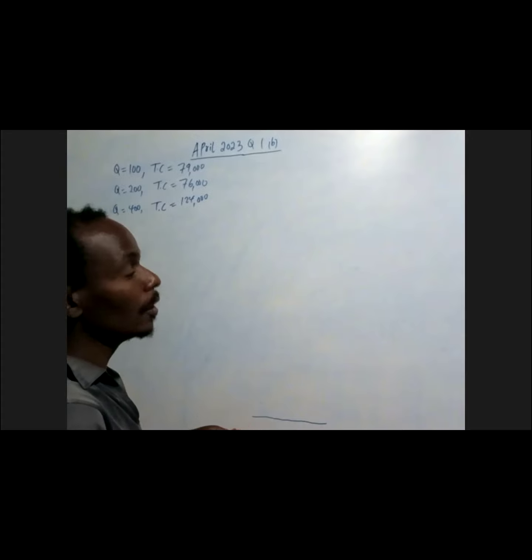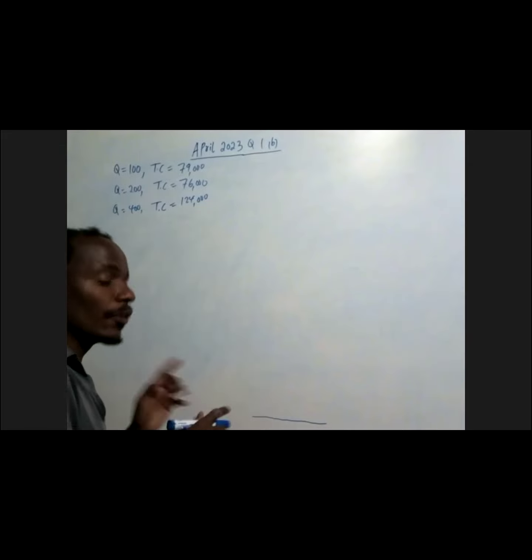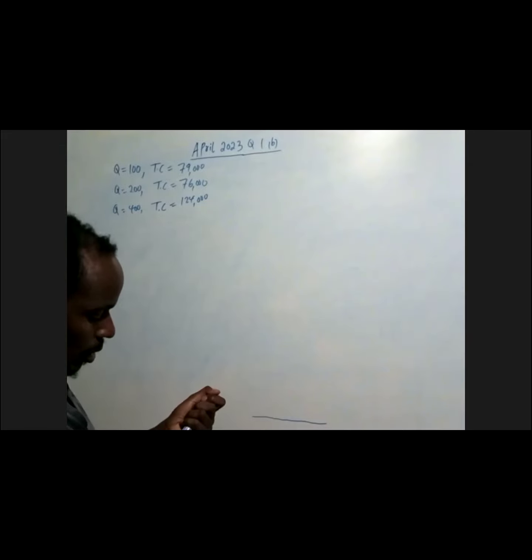Also, the way we had a general format for demand, P equals A minus BQ, we also have a general format for when the function is not linear.